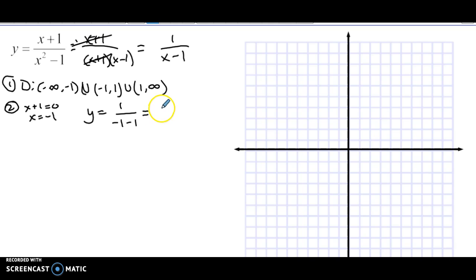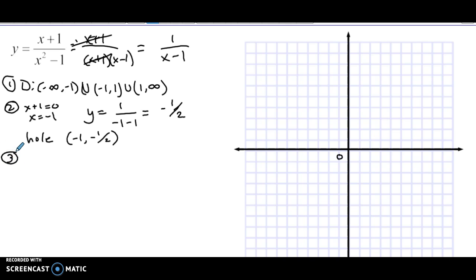And that gives us negative 1/2. That tells me that my hole is at the point negative 1, negative 1/2. So I'm going to go ahead and graph that. At negative 1, down 1/2, there is an open circle.